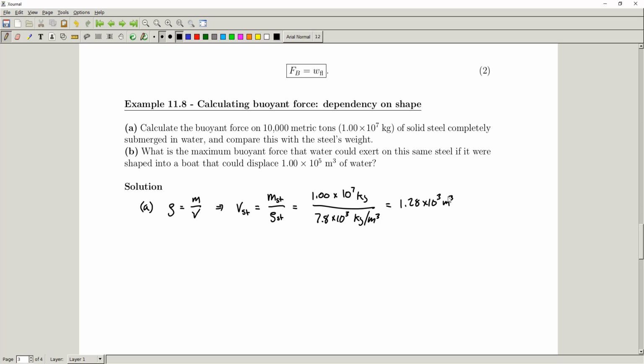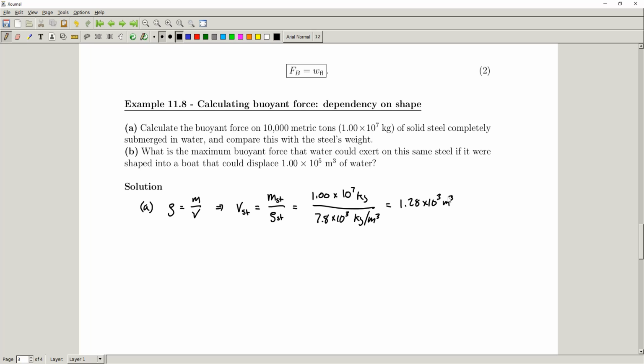So that's our volume of steel, and because we know this thing is fully submerged, as it goes underwater, how much water is it displacing? Well, it's clearly going to be the same volume of water as the volume of steel, right?